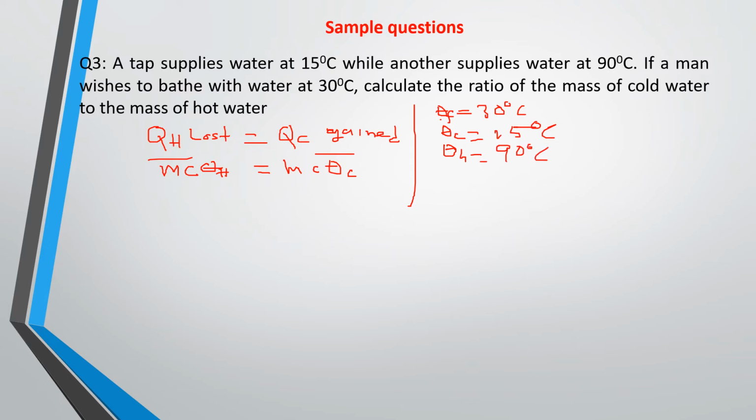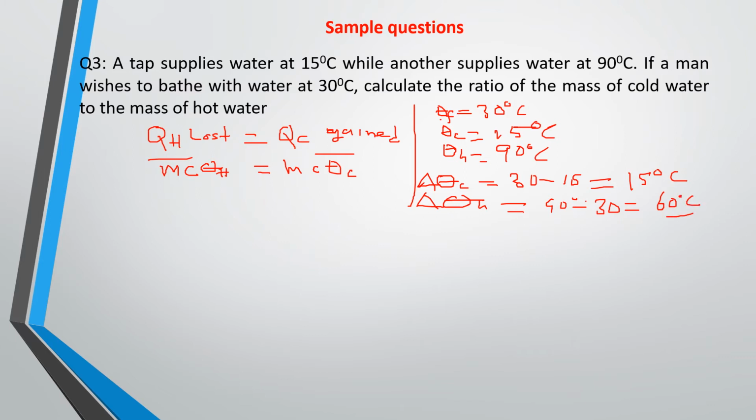Now what we want to look for first is the change in temperatures. The change in temperature for cold water is the final temperature, which is 30, minus the initial temperature of cold water, 15. That gives us 15 degrees centigrade. Then the change in temperature for hot water is 90 minus 30, so this gives us 60 degrees.